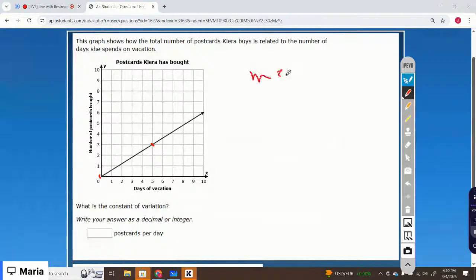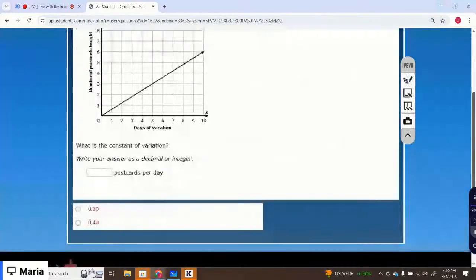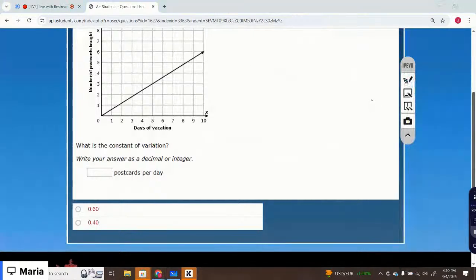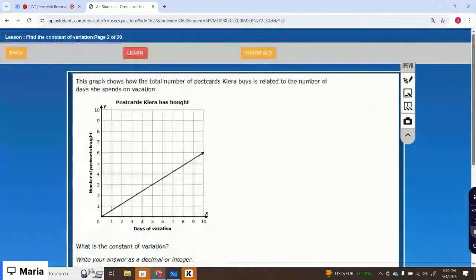So m equals 3 divided by 5. Option number 1 is the correct option.